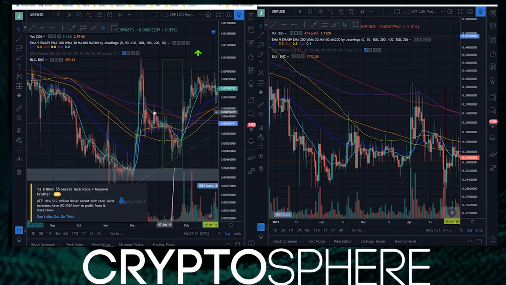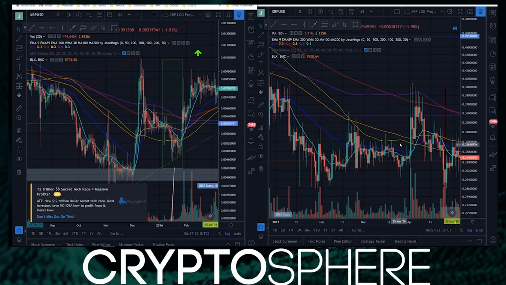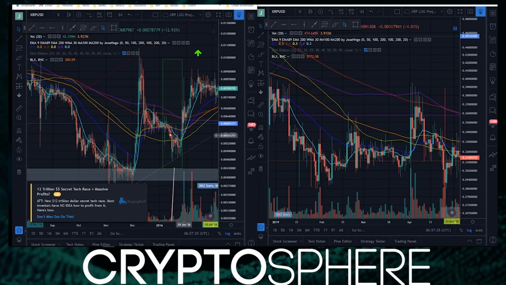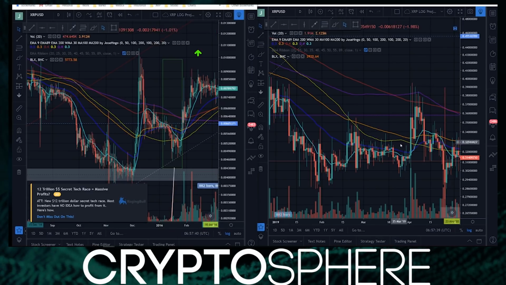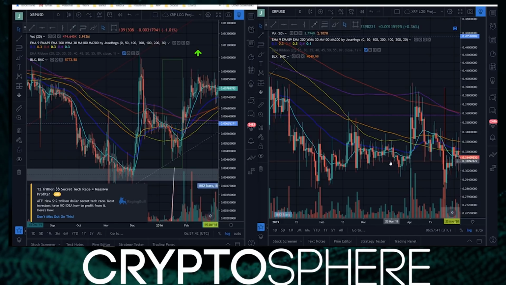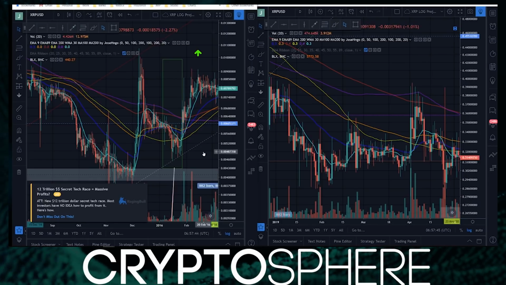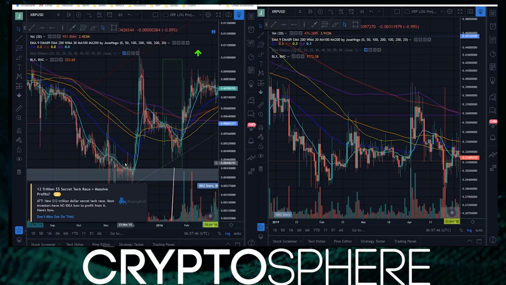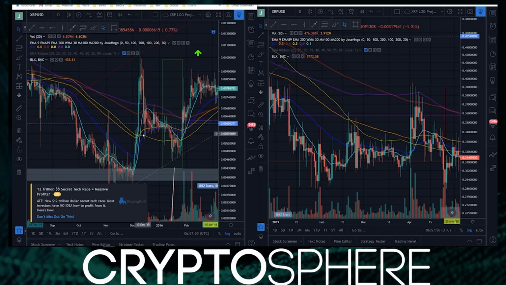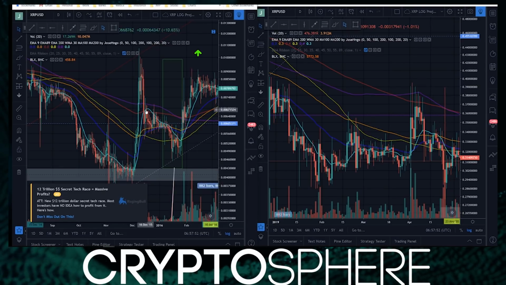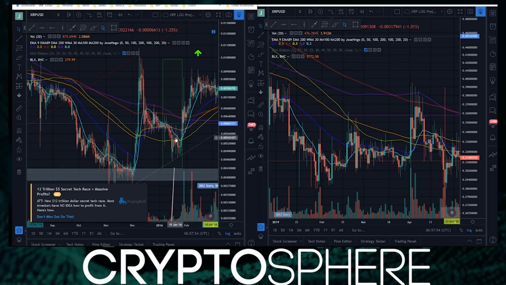There's an elongation here, but here's the one. These are both 100s, so they're going to be very close with each other. And then we have our 50, which is just down below, and our 20, of course, the shortest moving average. It's always going to be at the lowest, typically. But when this crosses above these moving averages, it's very bullish, and when it crosses under them, it's very bearish.